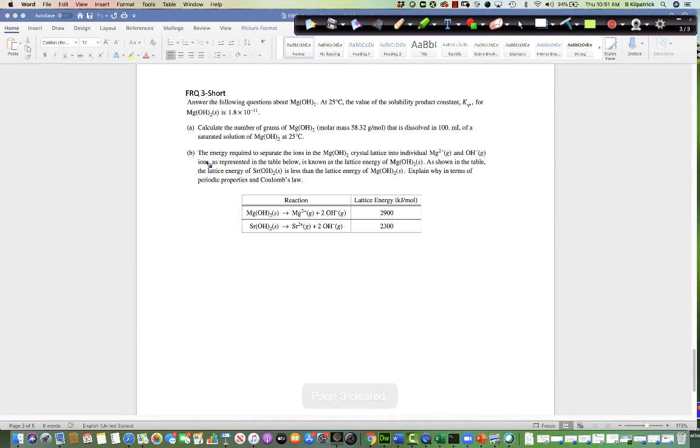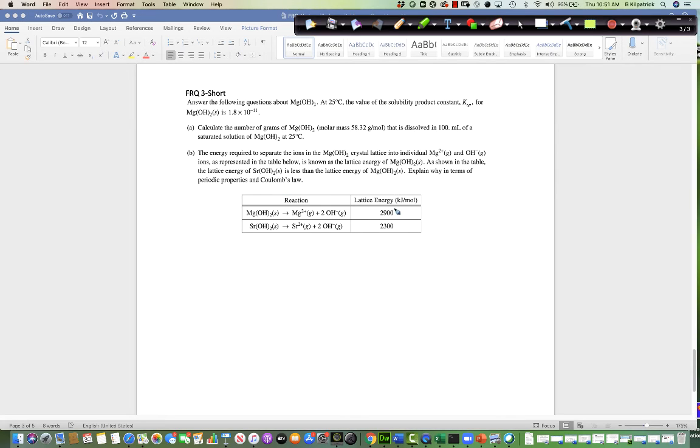Now let's look at that second part. The second part is talking about lattice energy. It gives you 2 lattice energies or enthalpies for these compounds, magnesium hydroxide and also strontium hydroxide. It takes more energy to separate out the magnesium hydroxide versus the strontium hydroxide. It says, explain why in terms of periodic properties and Coulomb's law.